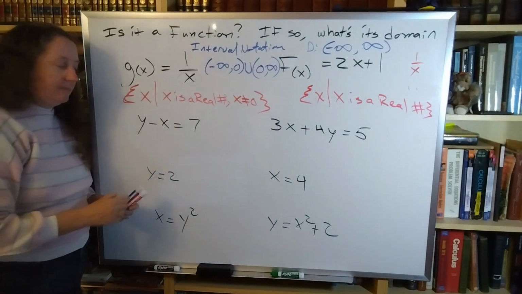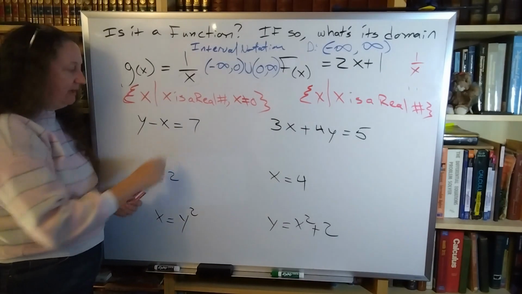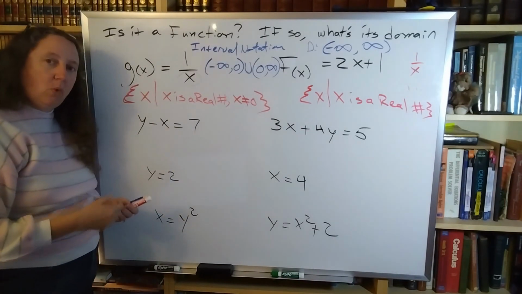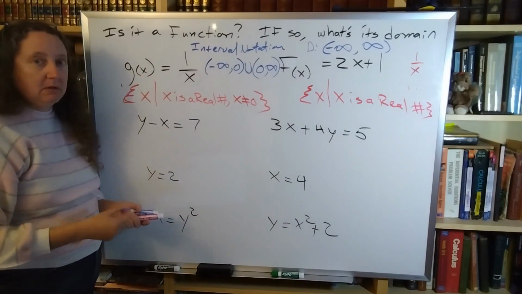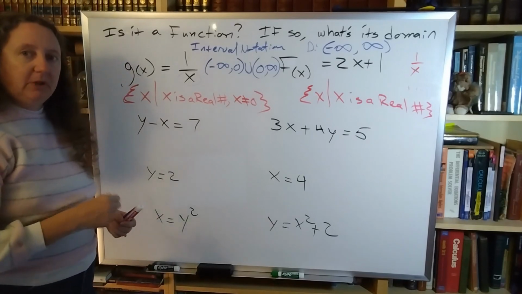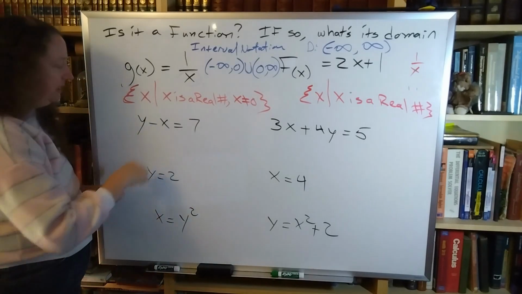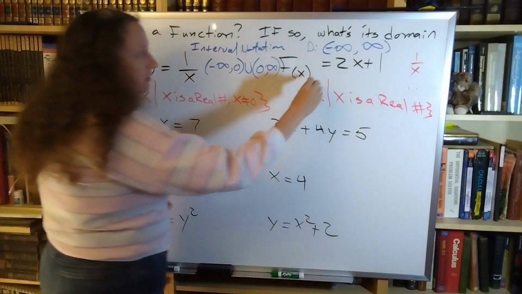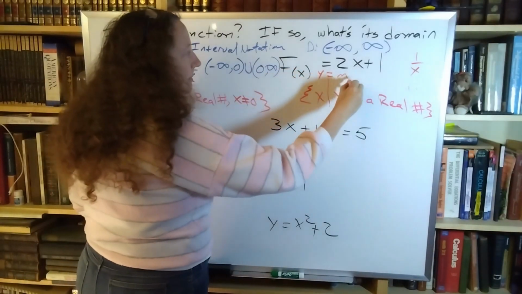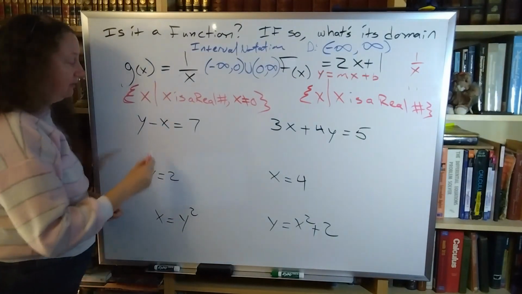Looking down at this, y minus x equals 7. If I can make this look like y equals mx plus b, I'm set. If it looks like ax plus by equals c, I'm good. That one looked like y equals mx plus b, so that one was good for that reason.